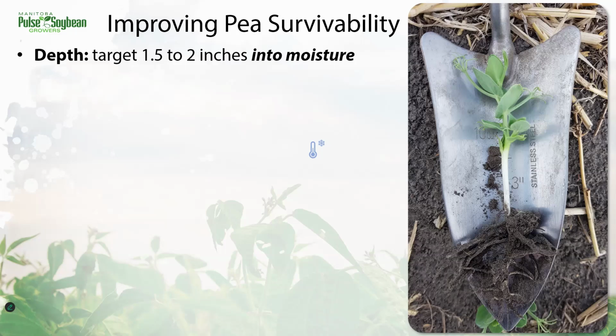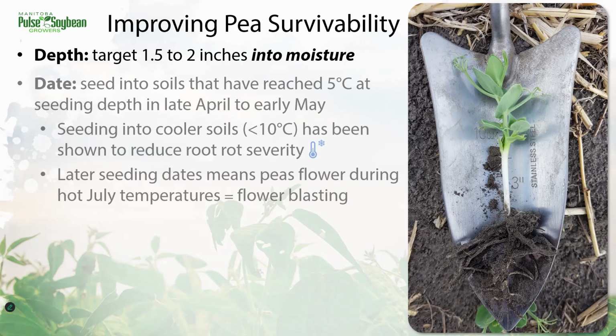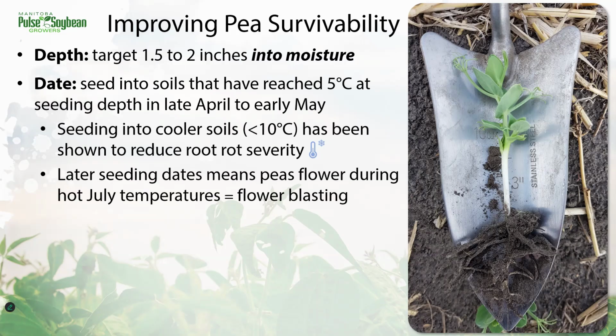Here are a few quick research updates and observations that can impact your establishment. In terms of seeding depth, targeting 1.5 to 2-inch depths, placing those seeds into moisture, will help minimize the number of seeds left sitting waiting for rain or stranded near the surface. Pea cotyledons stay below ground, so they can come up from a depth much easier than beans.